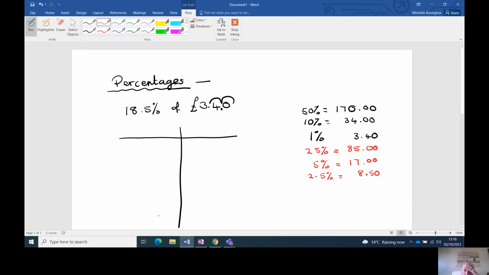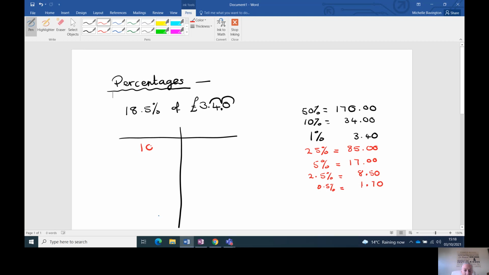I can find 0.5%, which is £1.70. Okay, right, now I've got to make 18.5.